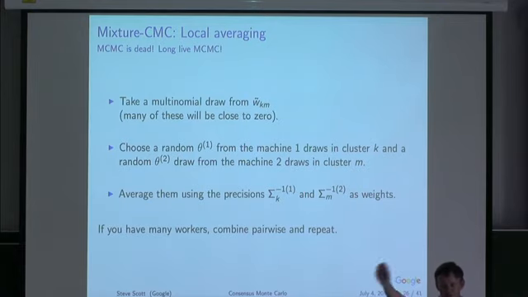I want to take a multinomial draw from the mixing weights in that grid, right? And if I end up in cell Km, then I'll take a random draw from all the different thetas that were produced by machine 1 that had been assigned to cluster K, right? So I would have to undo the mixture in order to figure out what I'm going to sample there.